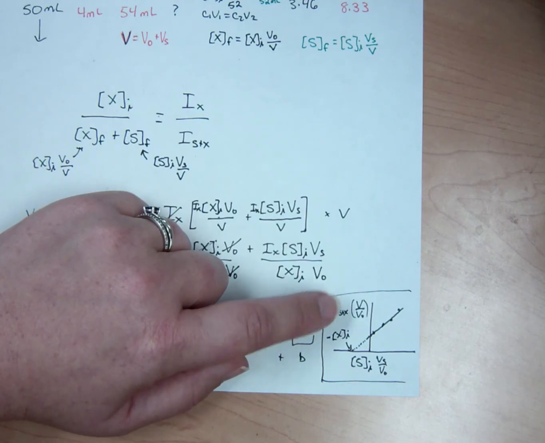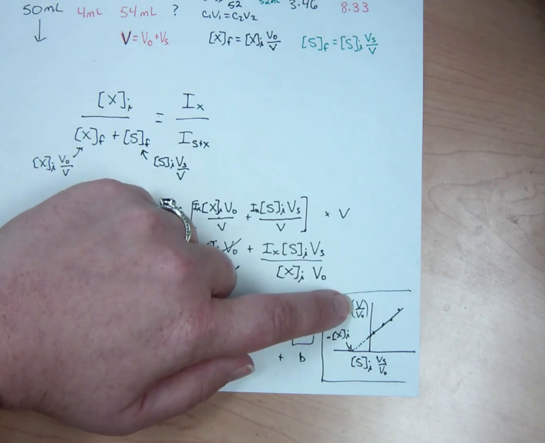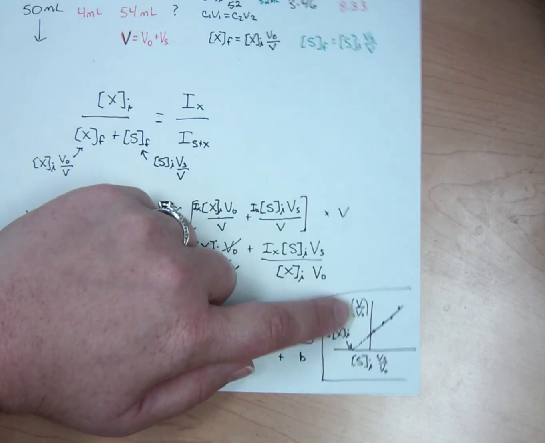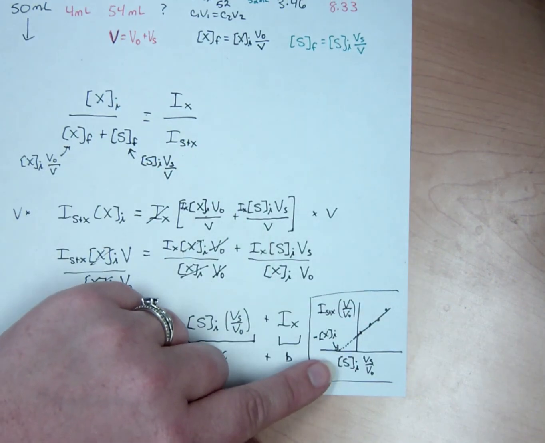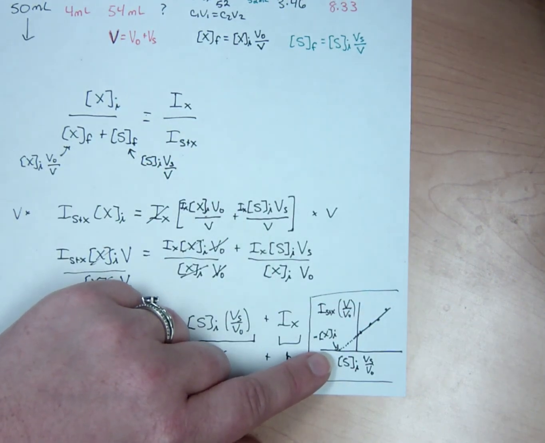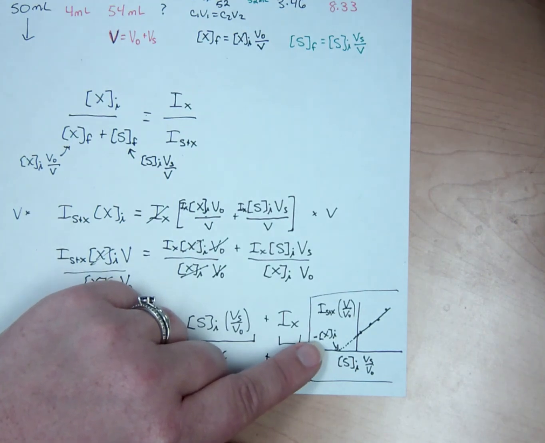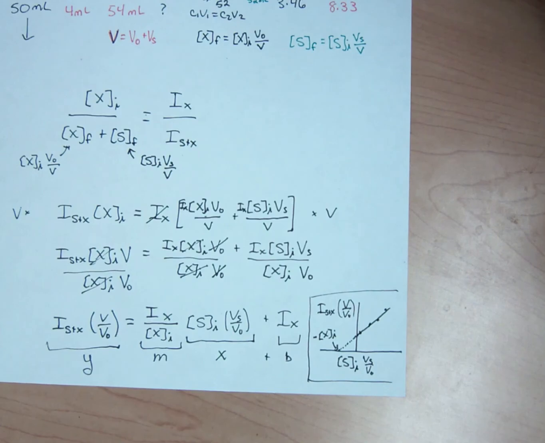If we plot it with instrument response times total volume divided by starting volume, our x-intercept ends up being the negative, or the opposite value, of our initial concentration. And that's what we ultimately wanted to know here.